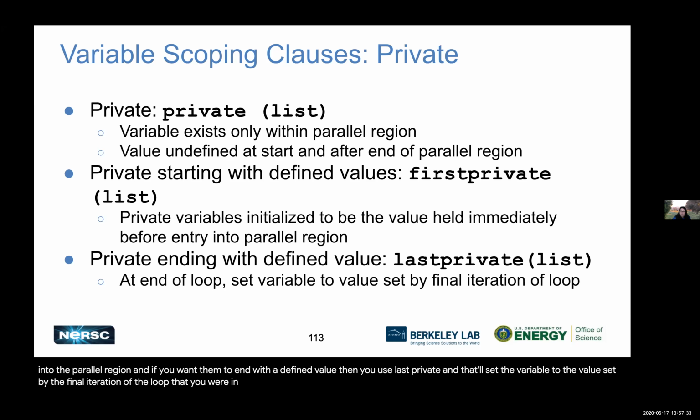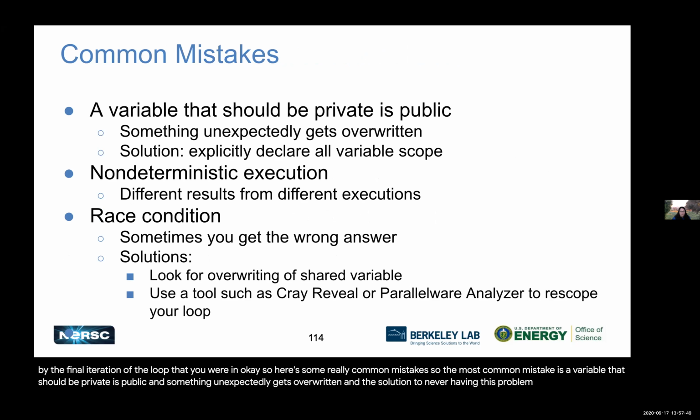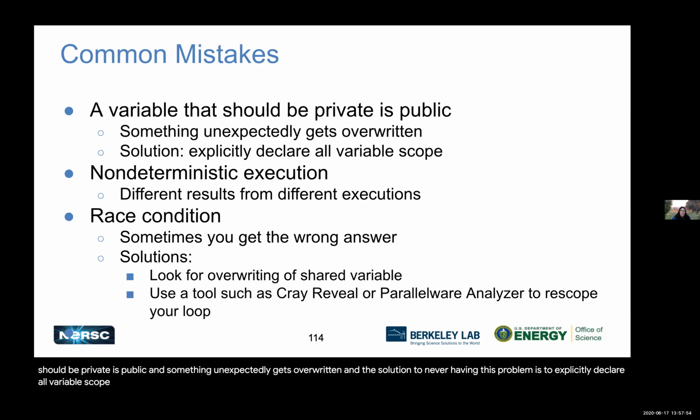Okay, so here are some really common mistakes. The most common mistake is a variable that should be private is shared, and something unexpectedly gets overwritten. The solution to never having this problem is to explicitly declare all variable scope. Another problem you can get is non-deterministic execution, which is different results from different executions. Again, this is often caused by variables that should be private but are shared.